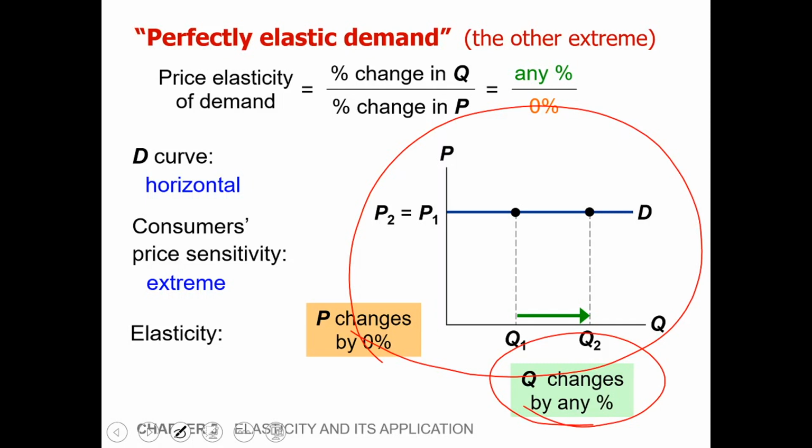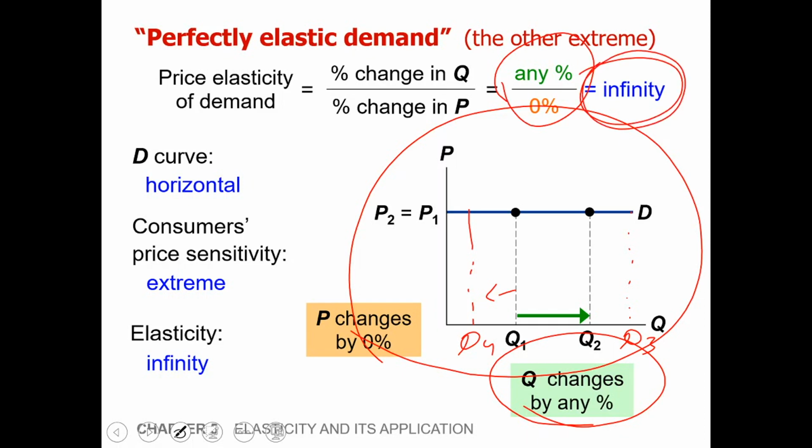You can increase from Q1 to Q2, or from Q1 to Q3, or from Q1 backward to Q4. It can increase or decrease by any percent. That's why when you use it in the formula, any percent over 0%, you get infinity. So this is another case.